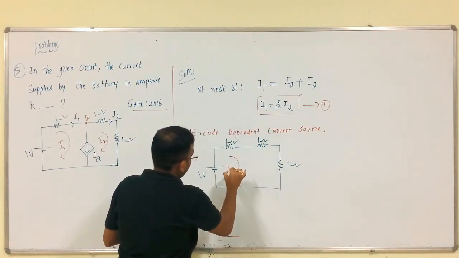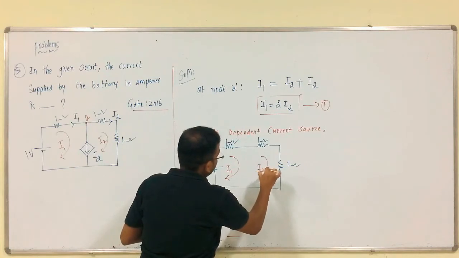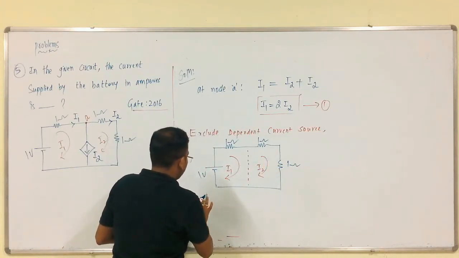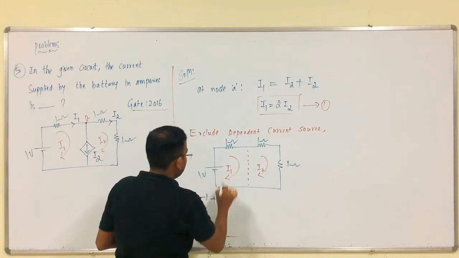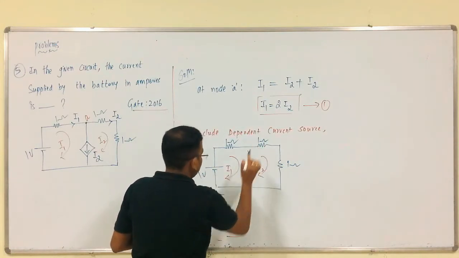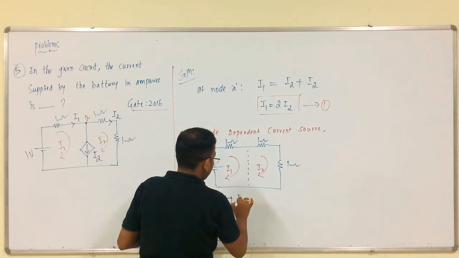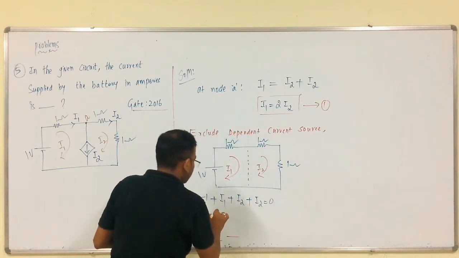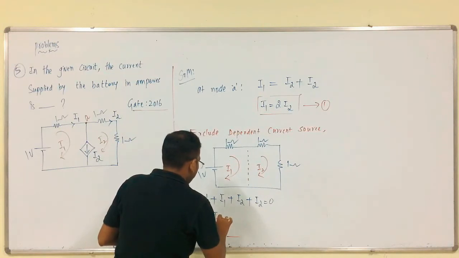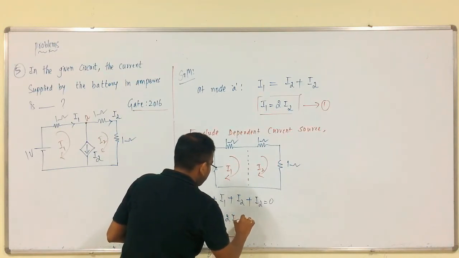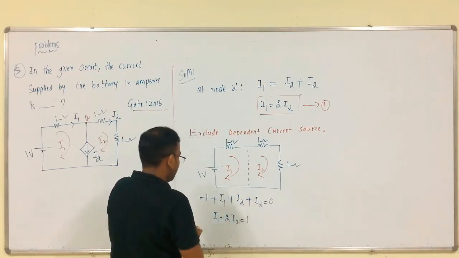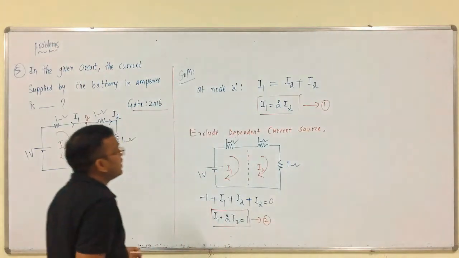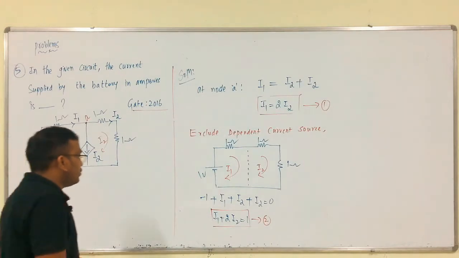This is I1, this is I2. From this, minus 1 plus I1 plus I2 plus I2 equals 0. From this, I1 plus 2 I2 equals 1, and this is equation 2. So from equation 1, I1 equals 2 I2.